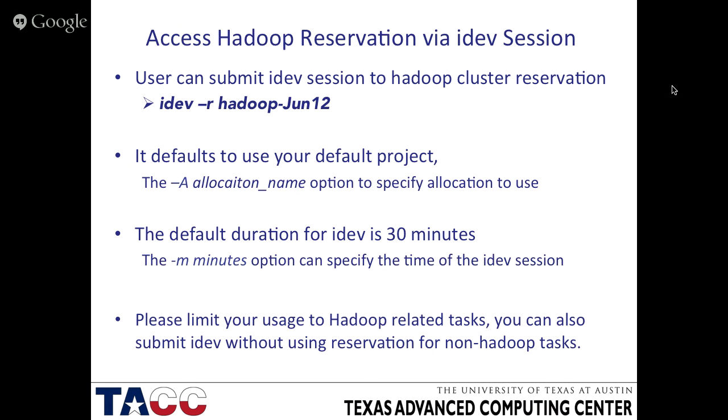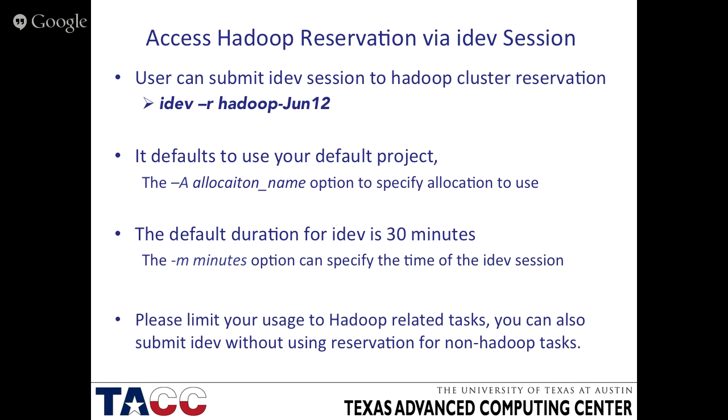Once it's done, you should see your prompt has changed from the login node to one of the compute nodes, something like c252 and some numbers. That means you are already on one of the nodes inside the Hadoop reservation. So for the idev sessions, you can just run idev followed by your reservation name. Even if you do not give the reservation name, idev will ask you whether you want to use that reservation or not. So it's very simple to use.